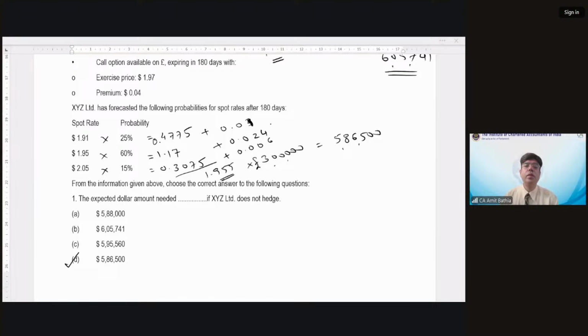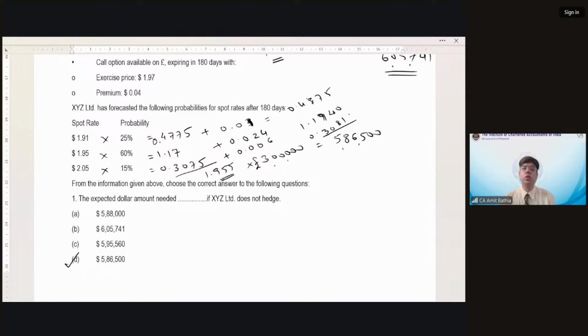So my new rate over here, you can identify, will be 0.4875, 1.194, and here it will be 0.3081.